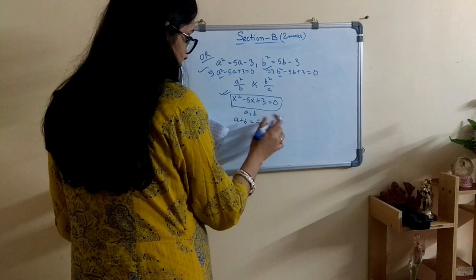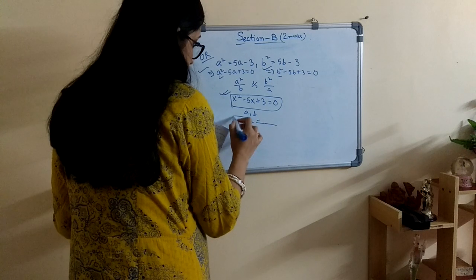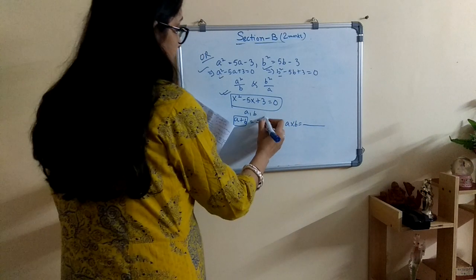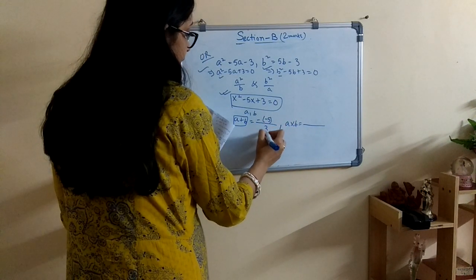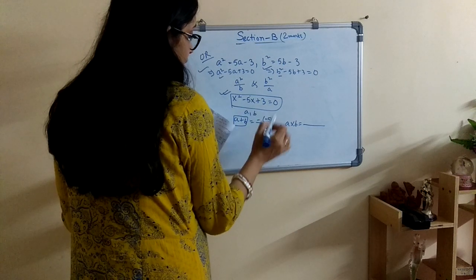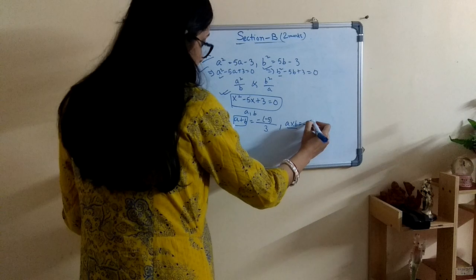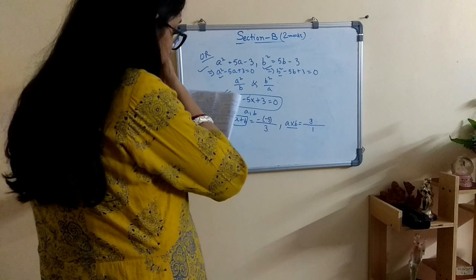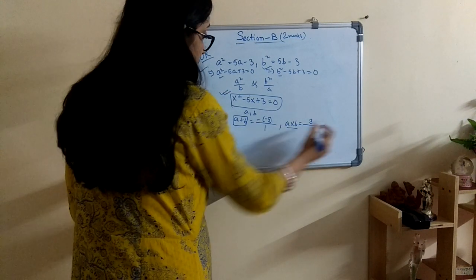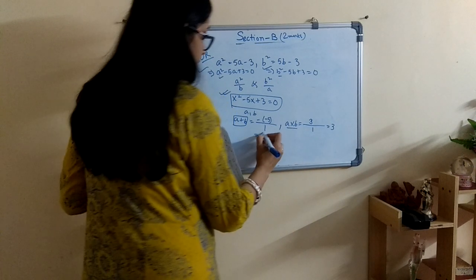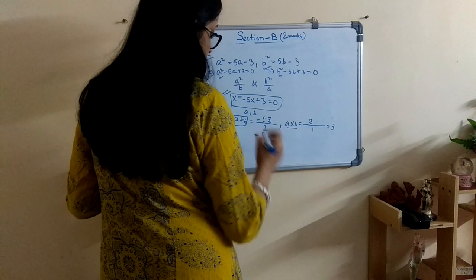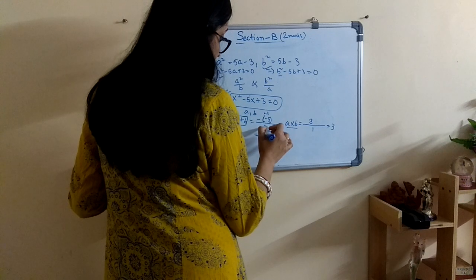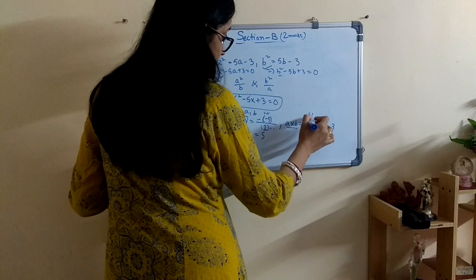The sum of the roots will be minus of minus 5 by 1, which is 5, and the product of the roots will be 3 by 1, which is 3. The formula is minus b by a, and c by a.